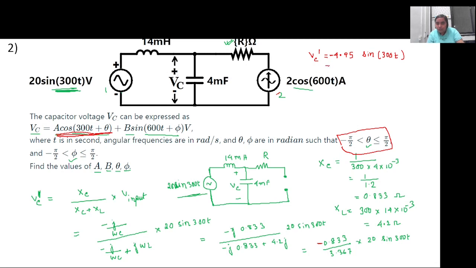For now, don't worry about the condition right away; we will fix it at the end. So let's get rid of this minus sign: 4.95 sine of 180 degree plus 300t. We are writing it like this, okay?